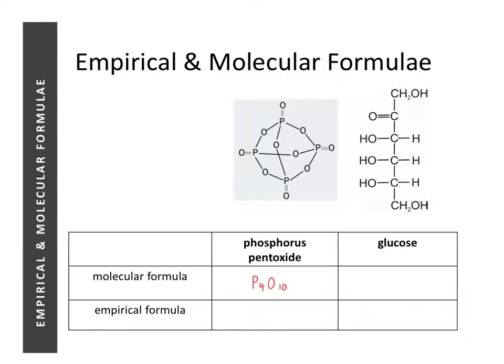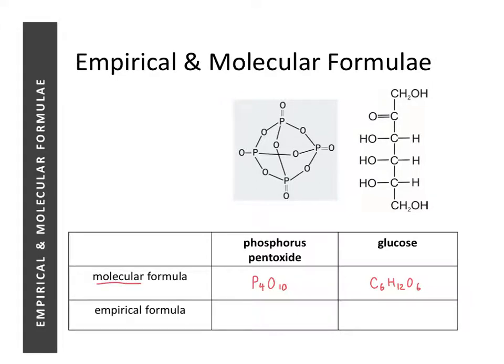And similarly, if you were to count the total number of carbon, hydrogen and oxygen atoms in glucose, you will get the molecular formula C6H12O6. Alright, so this is the molecular formula.